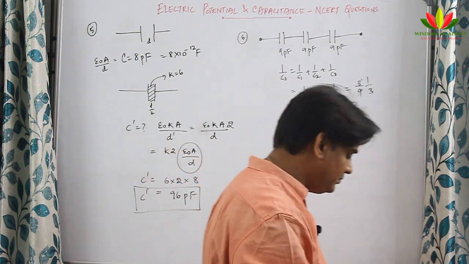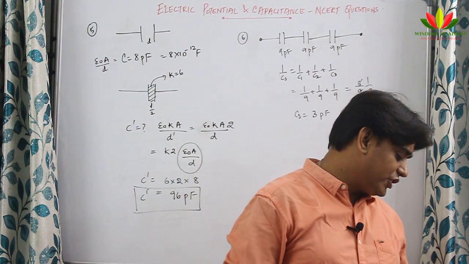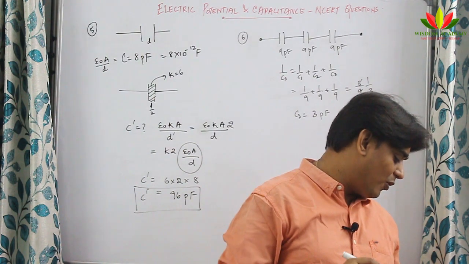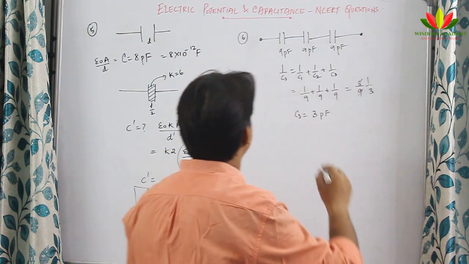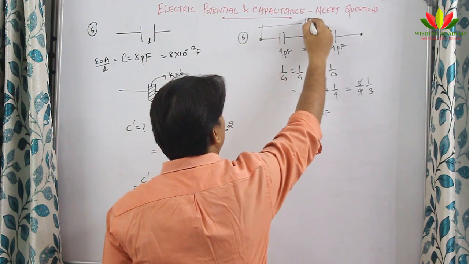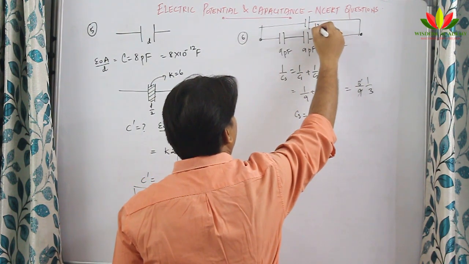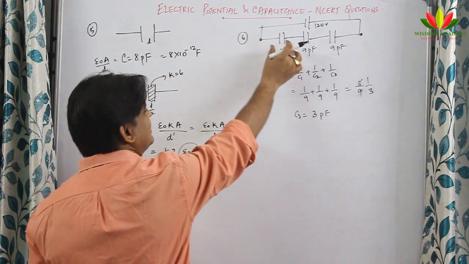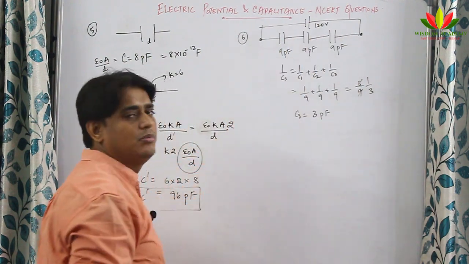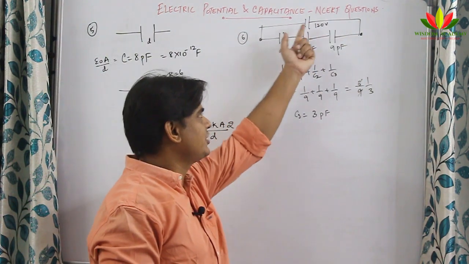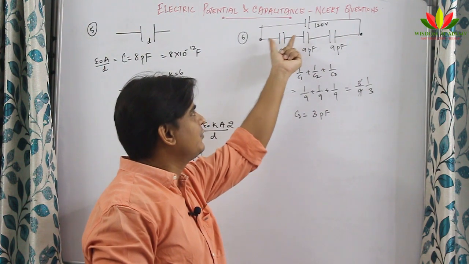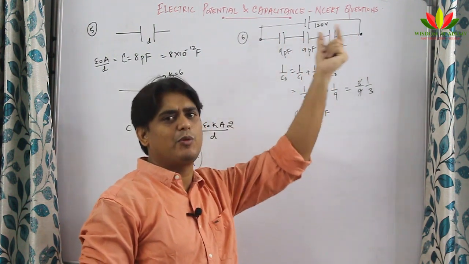What else have they asked? They have asked what is the potential difference across each capacitor when the combination is connected to a 120 volt supply. We know that the potential drop gets divided based upon the capacitance.